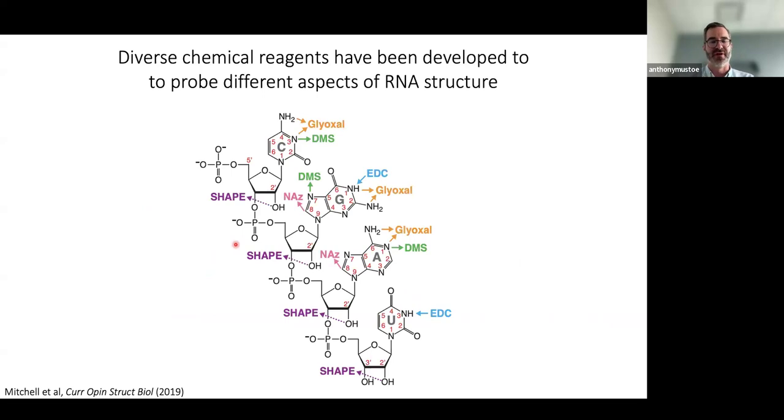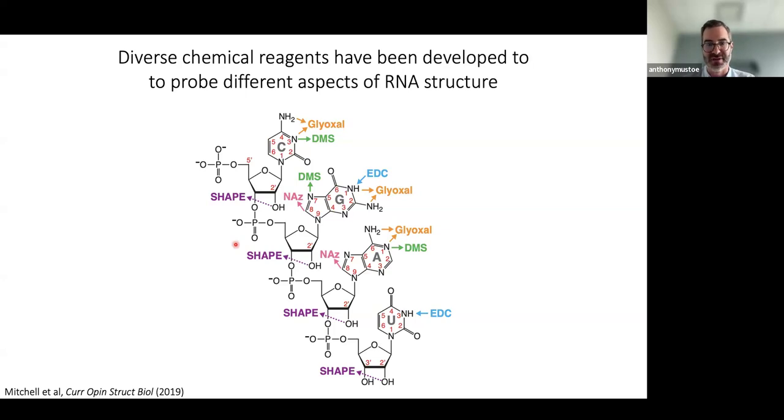So a variety of chemical probes have been developed over the years to try to suss out different aspects of RNA structure and address some of these limitations. This is a nice image from a review by David Mitchell and Phil Bevilacqua that was published a few years ago, looking at traditional chemical probing approaches that show some of the various reagents that have been developed to probe different positions on RNA bases.